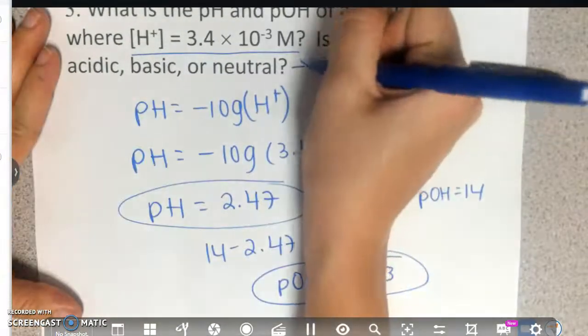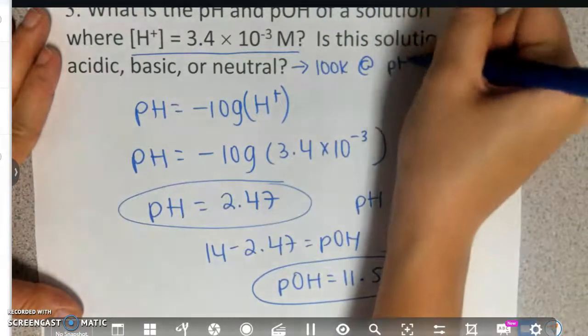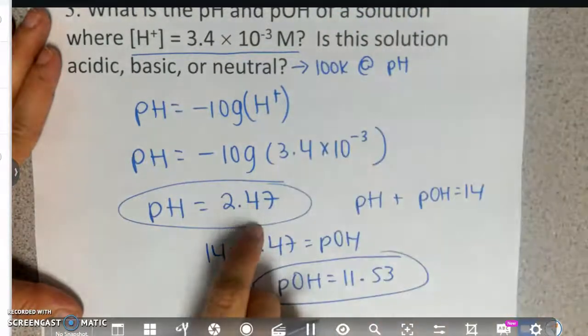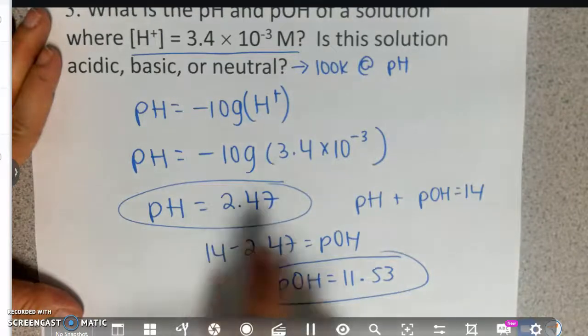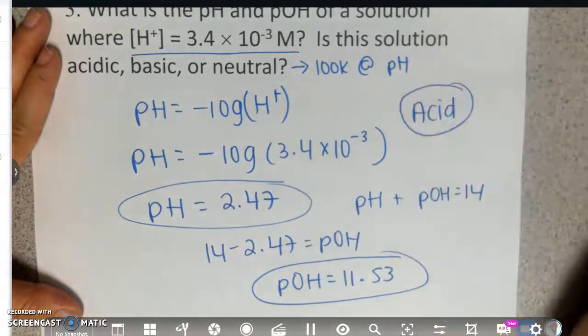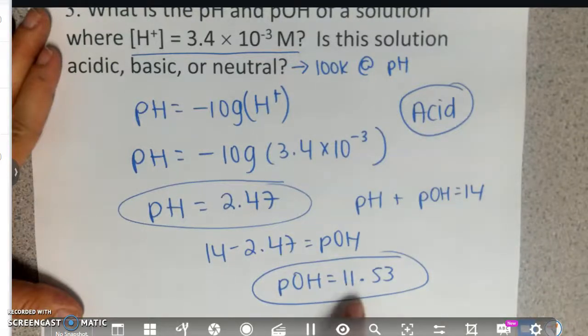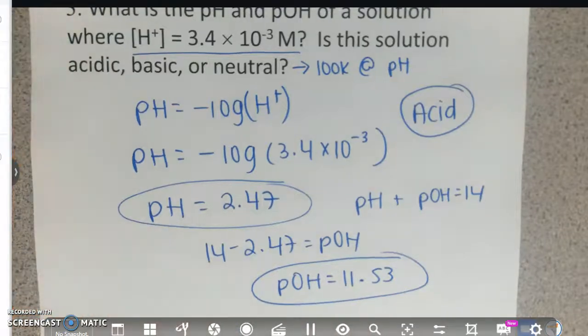To determine this, look at pH. Don't look at pOH. And when I look at my pH, it's 2.47. pH less than 7 is acid. Now you've got to be careful, because if you jump down, you saw this one, you might say base, but that's pOH, not pH.